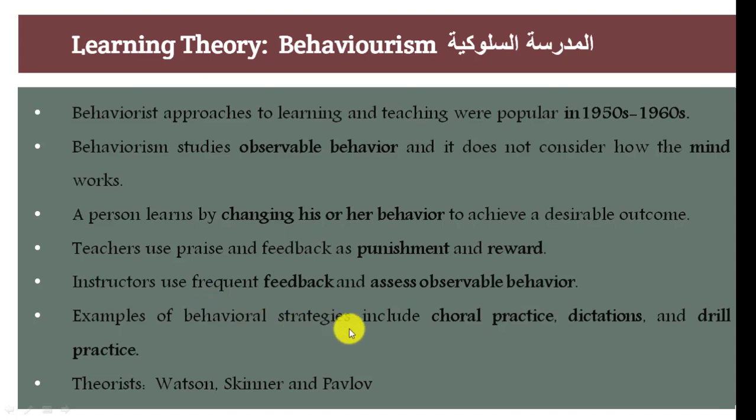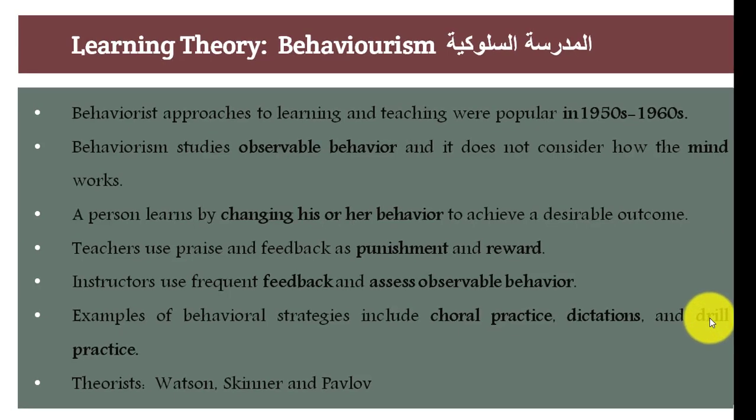Examples of behavioral strategies include choral practice, and choral here means the practice in group of students, dictations, and drill practice. Drill means simply a way of teaching people or students something by making them repeat it several times in order to be memorized. So the theorists are Watson, Skinner, and Pavlov.